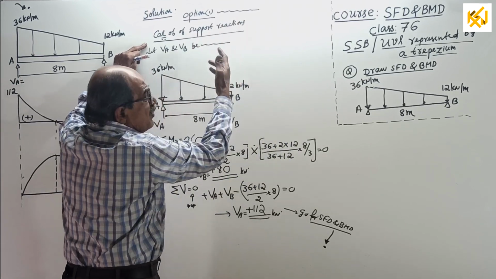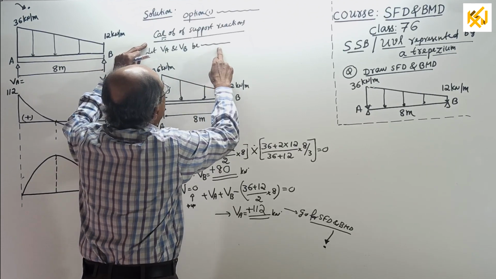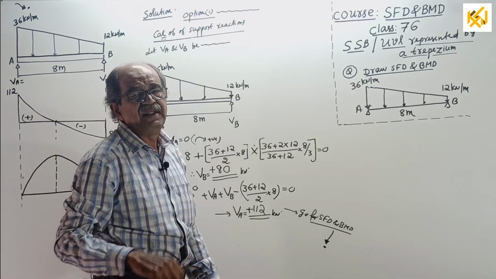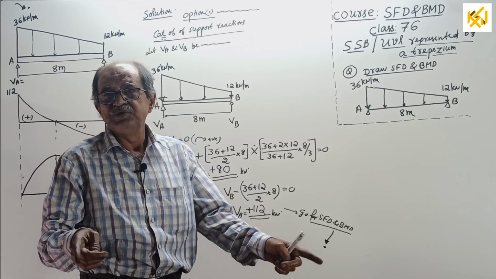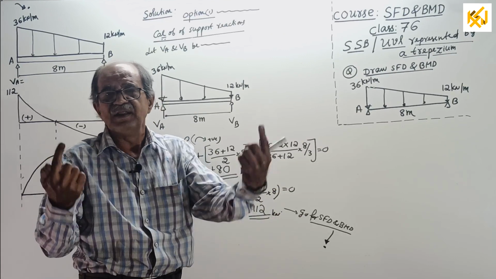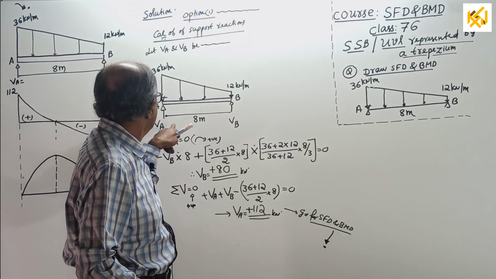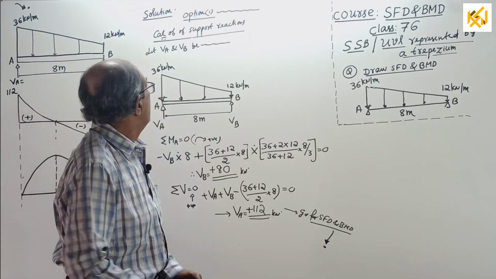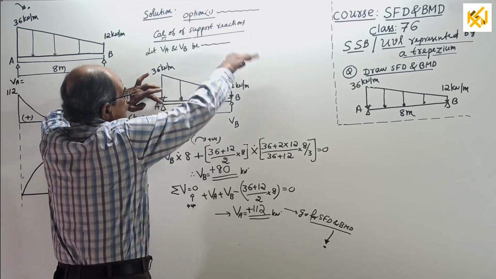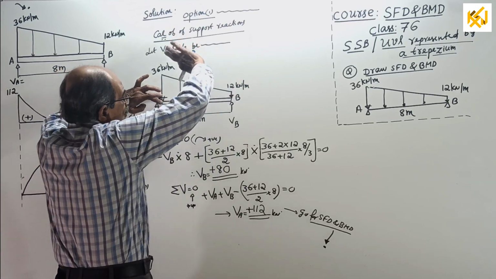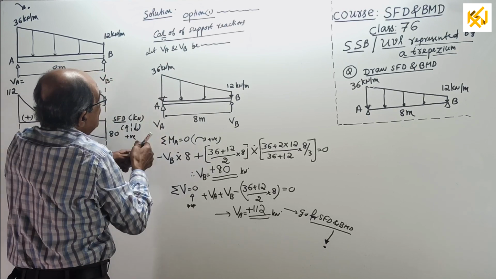The usual statement; now onwards I am not writing. Let VA, VB be the vertical reactions at A and B respectively. We will assume both reactions vertically up. Then put the loading diagram, take moment about A. Minus VB into 8, anticlockwise therefore minus, plus the full load.